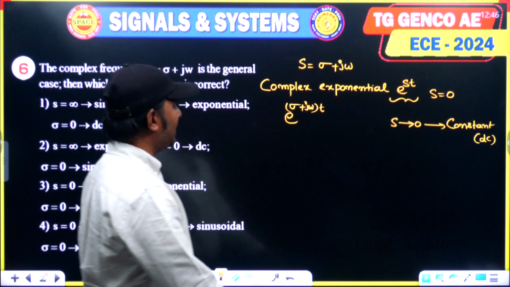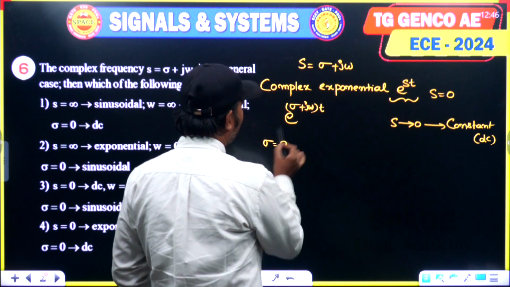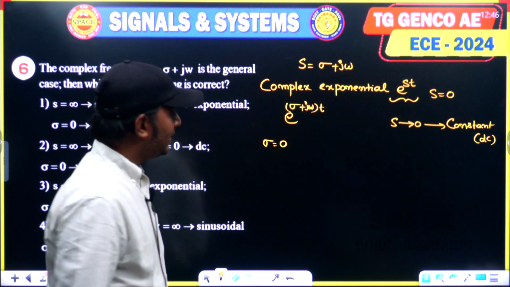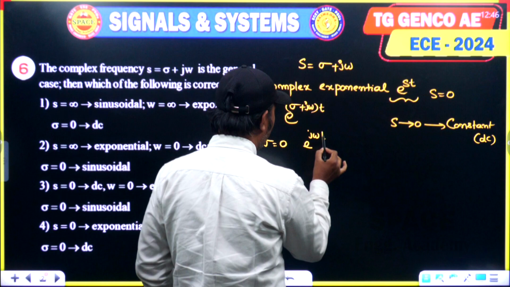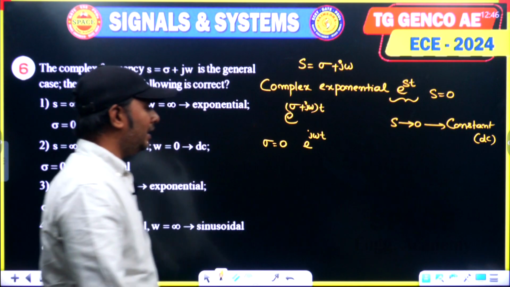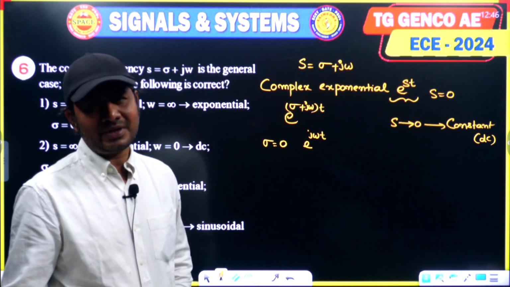Now what happens if sigma is equal to 0? If sigma is equal to 0, here we are going to have e power j omega t. So cos omega t plus j sin omega t is nothing but a sinusoid.